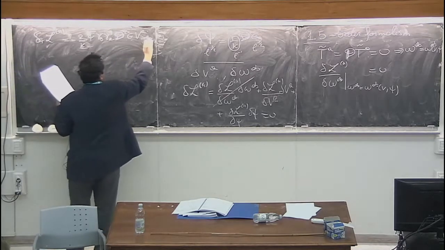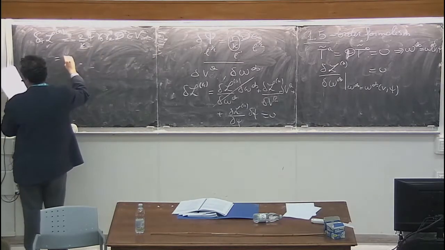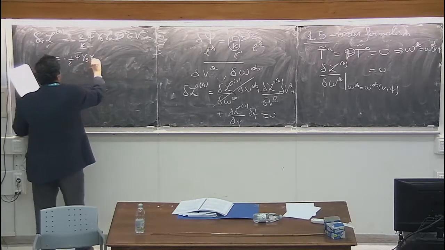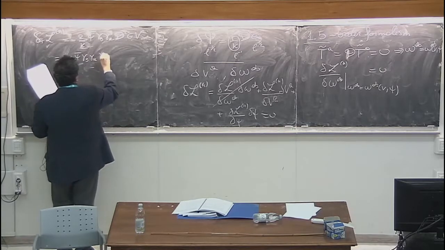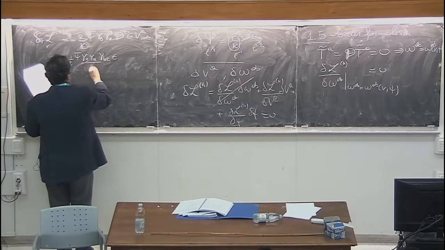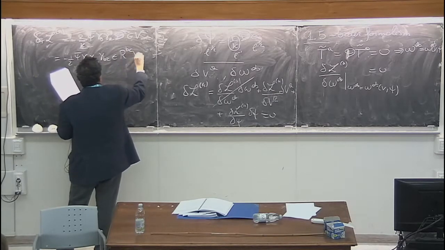That's it. And this is equal to, now we use the property that d squared is proportional to the Riemann tensor, gamma A gamma BC epsilon over kappa RBC VA.